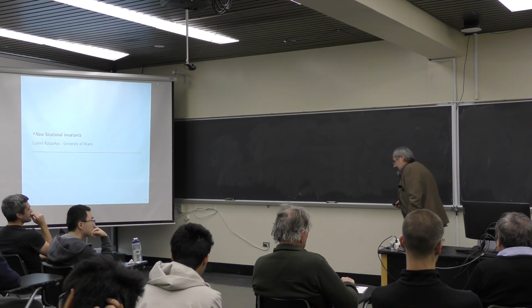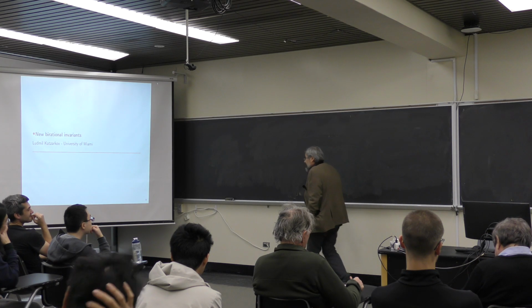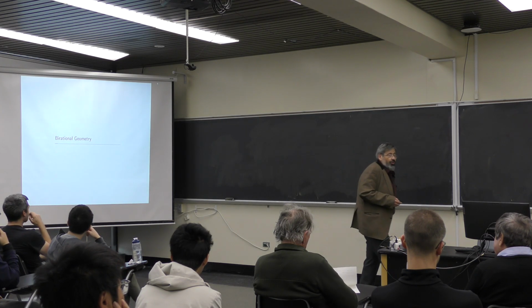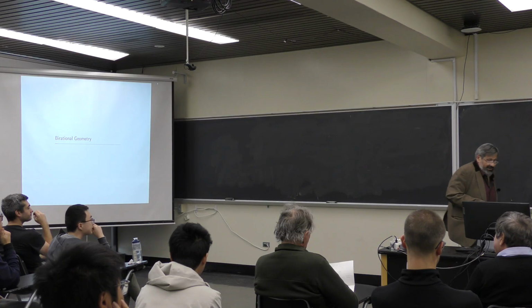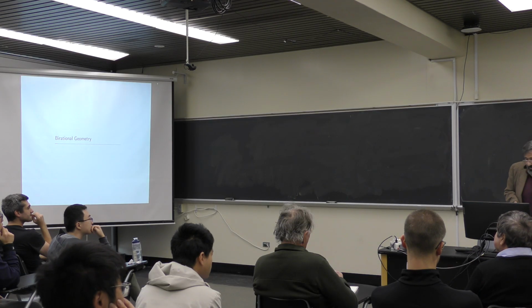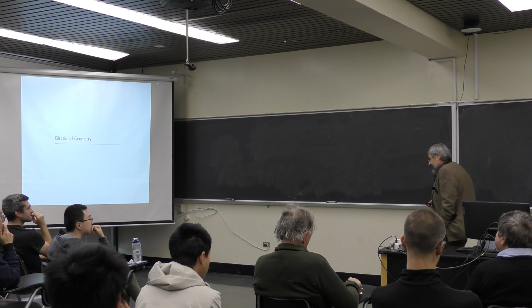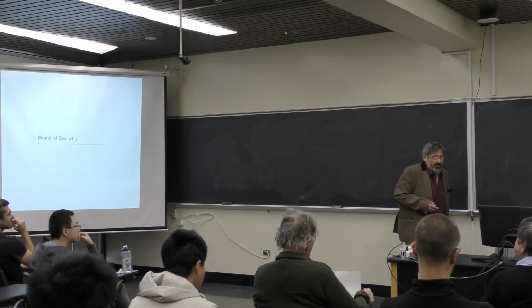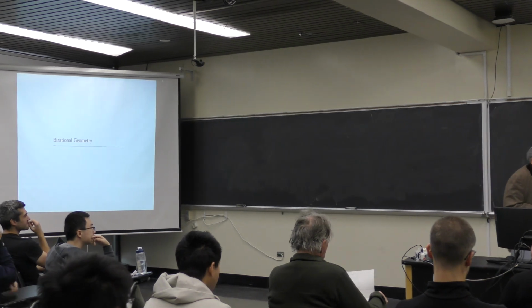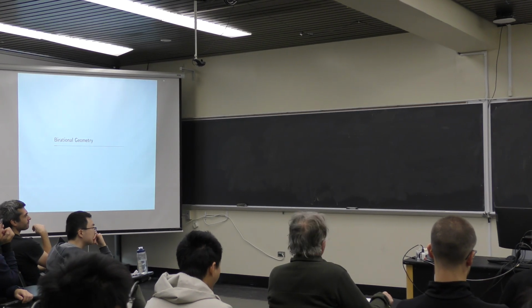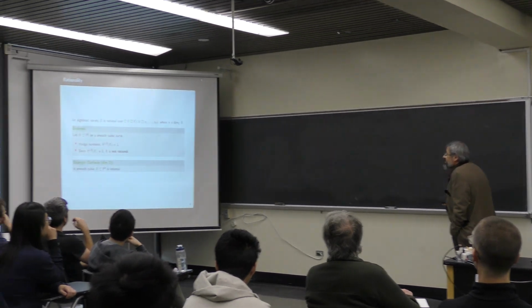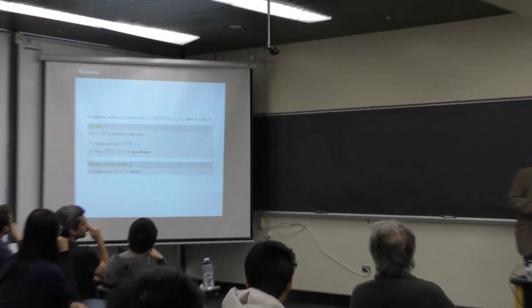So now, in the same way as topology studies manifolds in connection with spheres, birational geometry or algebraic geometry in general studies smooth projective varieties in connection with the simplest one, and these are the projective spaces.